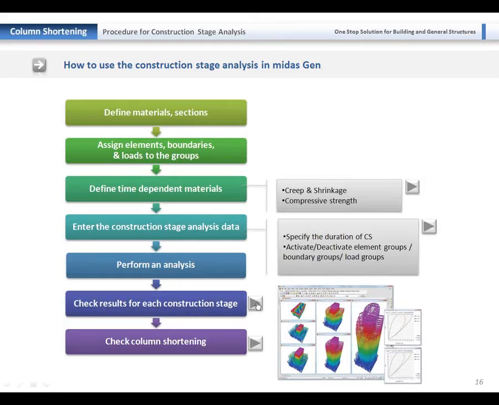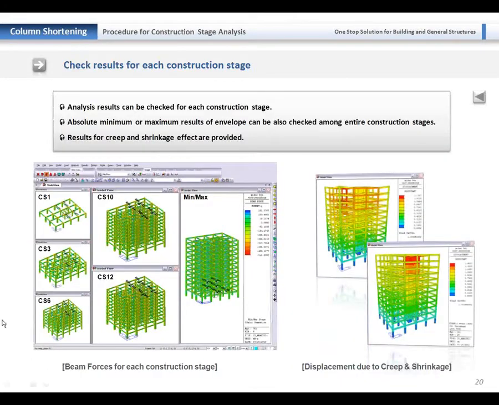So if you go to the corresponding page, we can check the member force or deformation for each different stage. And also we provide min-max stage, which means among all entire stages, the program also provides the maximum or minimum values for the member force or deformation. And creep and shrinkage results can be separately checked as well.